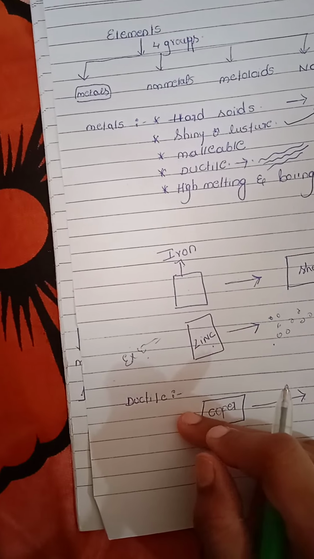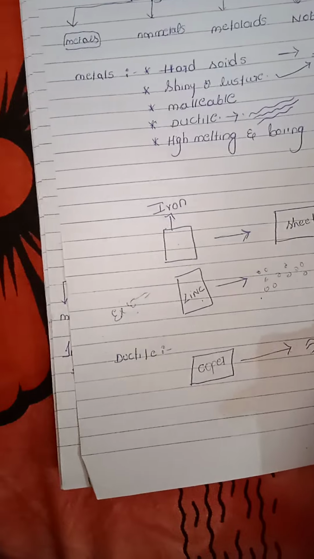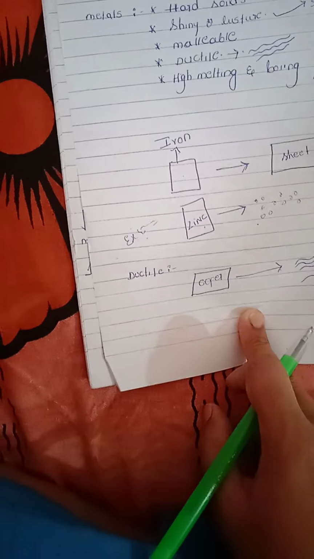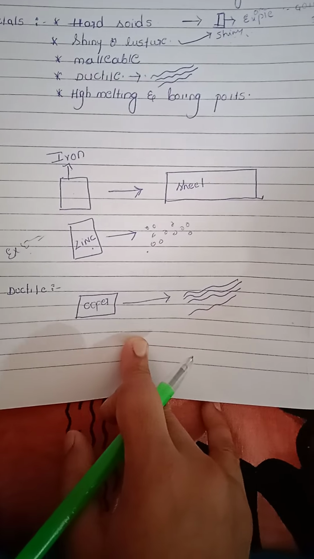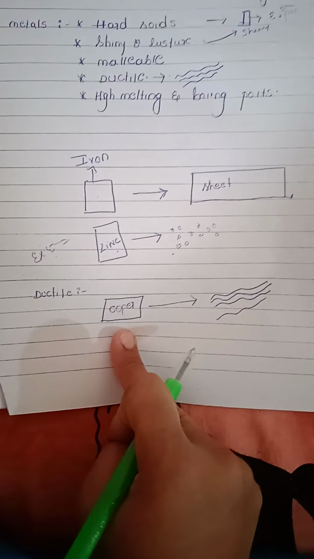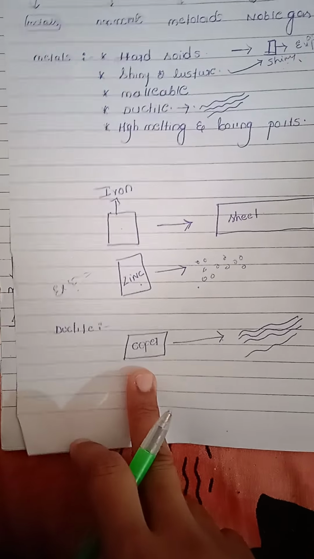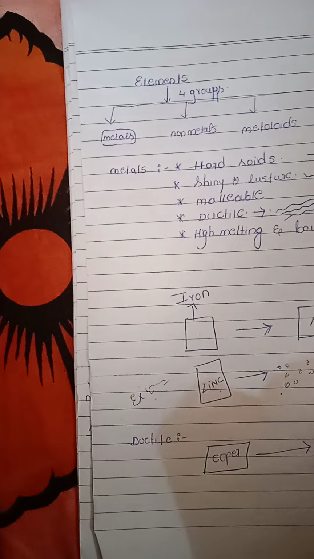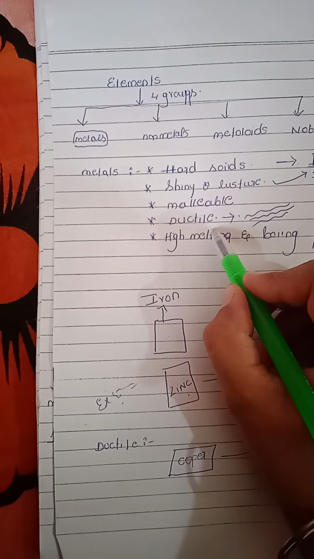We can make a wire with copper, isn't it? Like this we can make. We can see this in our homes, when electrical work is going on, they will use copper. You can see that. Ductile is the property of being drawn into a wire. This is called ductile.